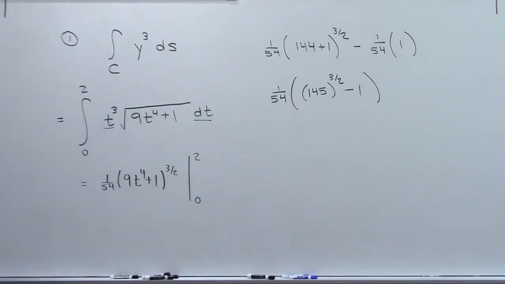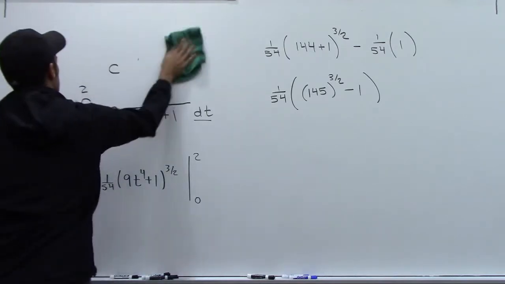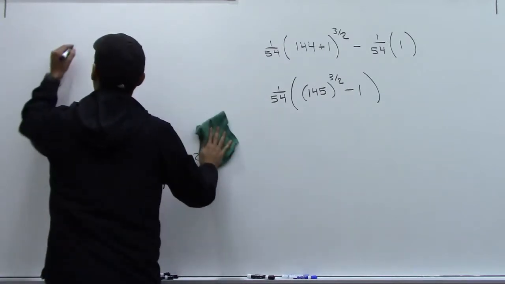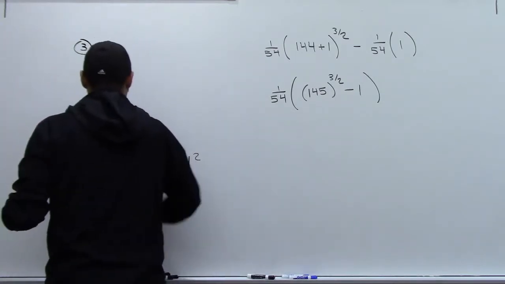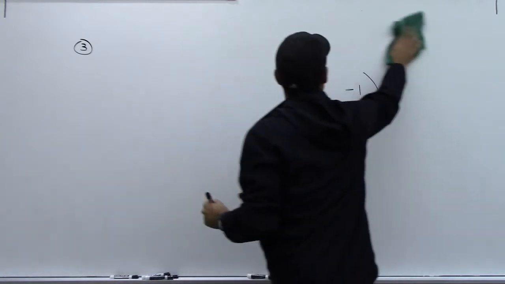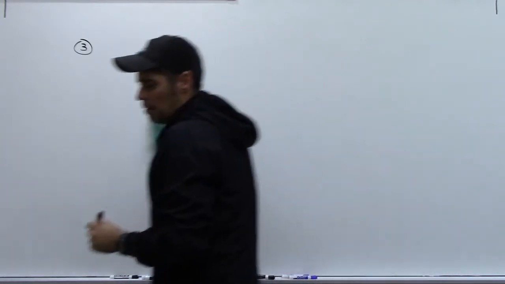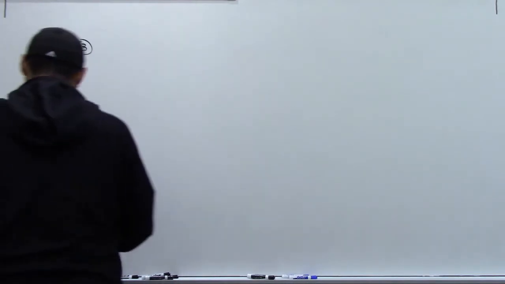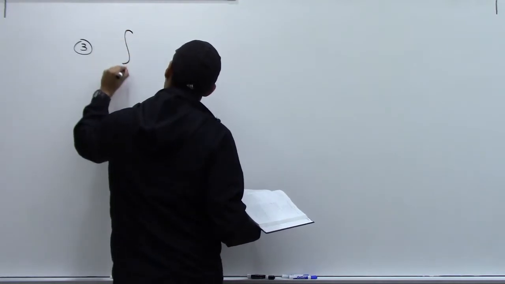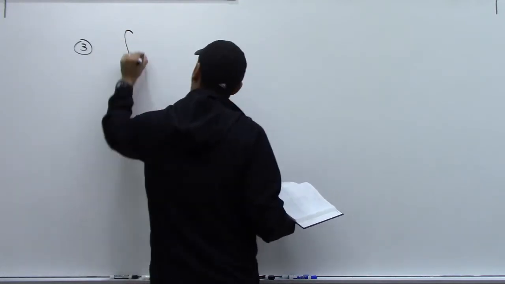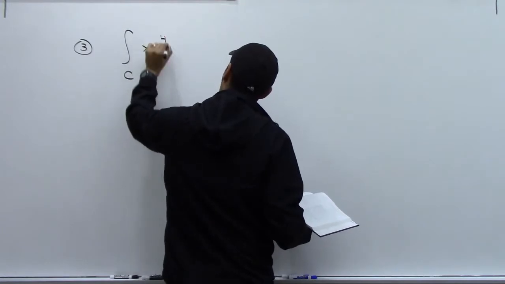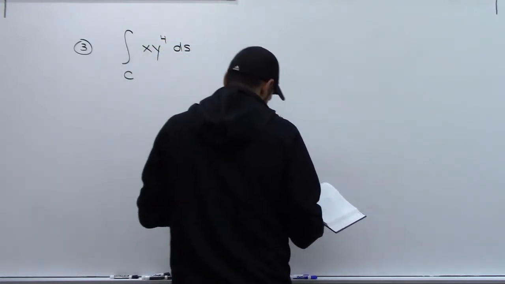Let's look at number 3. For 3, we have the line integral over the curve C. Here's our scalar function, x y to the 4th, with respect to, again, arc length.